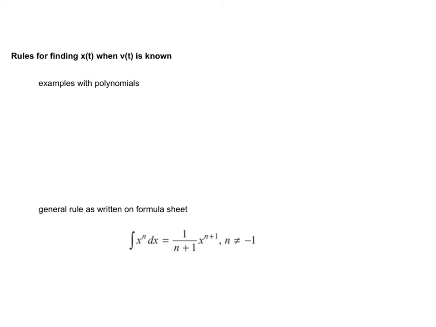So if my velocity function looks something like 3t squared, I'm going to keep this simple right now. If I wanted to find the displacement, how far the object moved, what I would do is integrate my velocity function with respect to time.